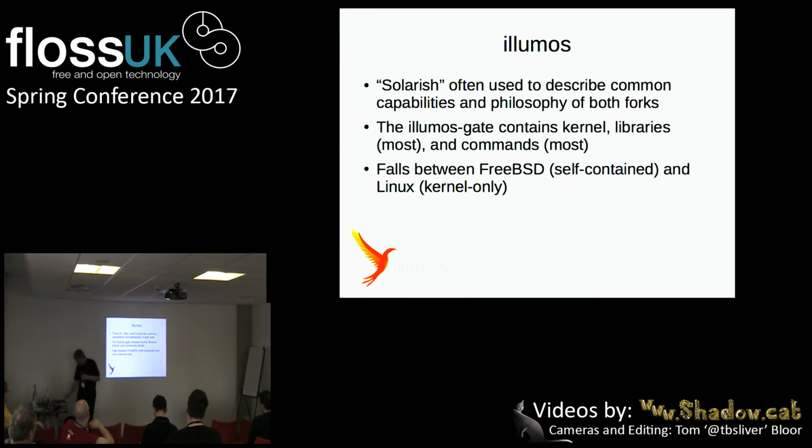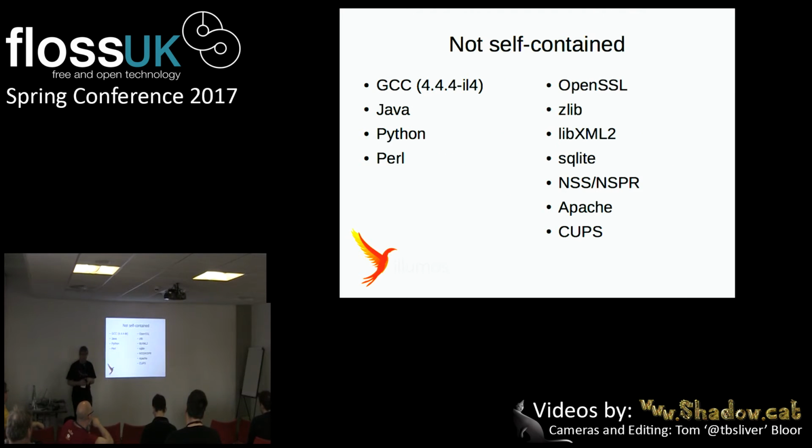Illumos is not self-contained. We don't ship as part of Illumos everything that we need. In terms of build, we need a compiler. FreeBSD has its own compiler. We don't do that. We have a specially hacked, special version of an antiquated version of GCC.